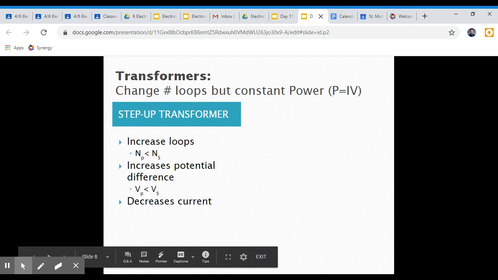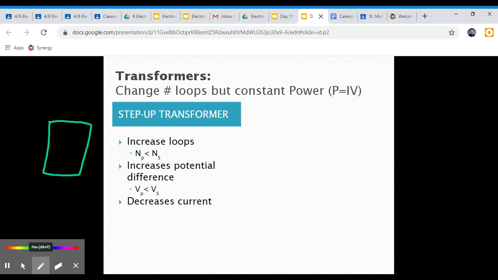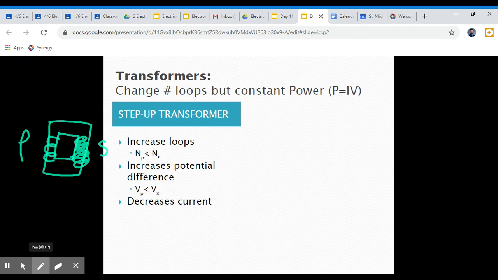So with a step-up transformer, in that primary coil, let me make my transformer over here again. On the primary side, we're going to have fewer loops, and on the secondary side, we're going to have a lot more loops.